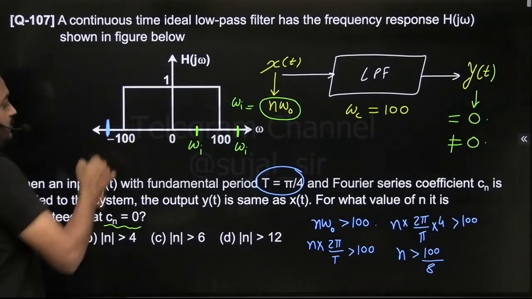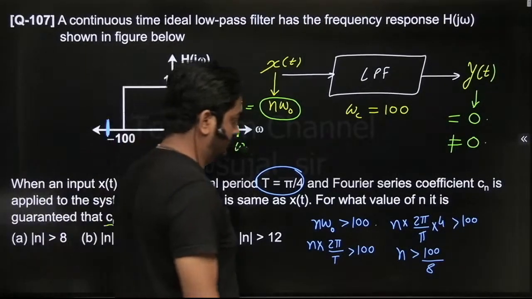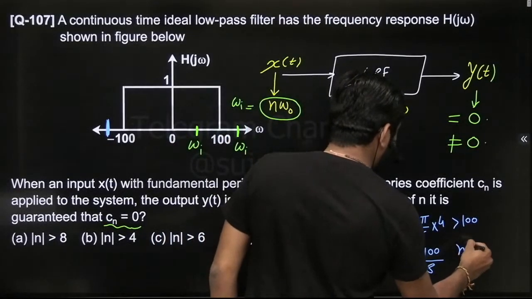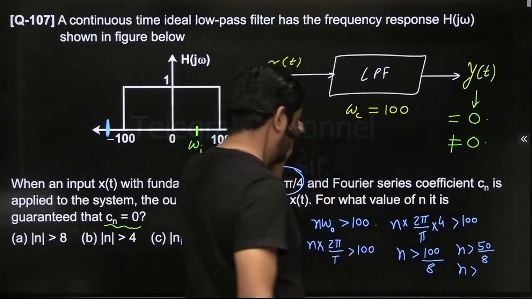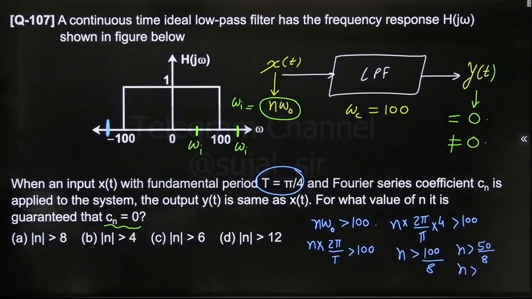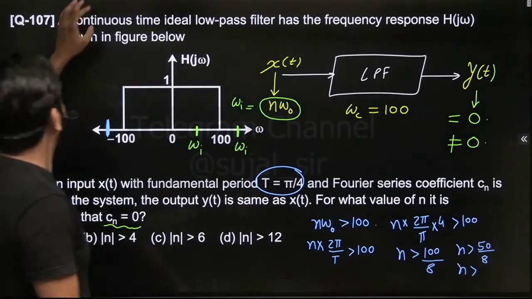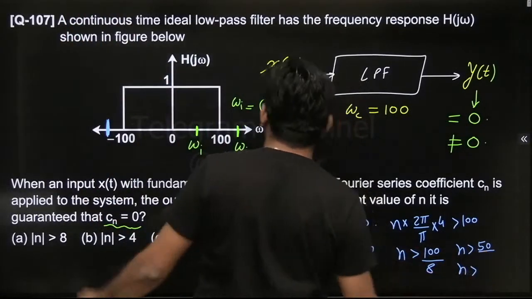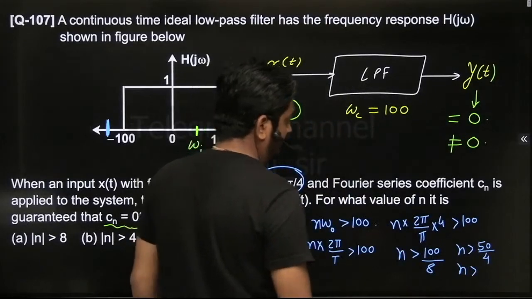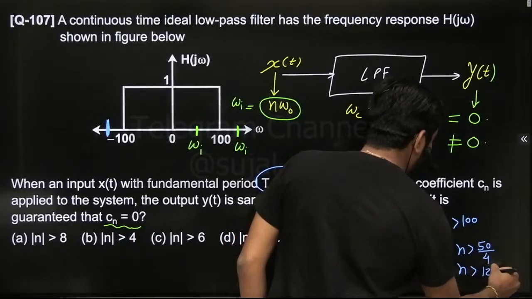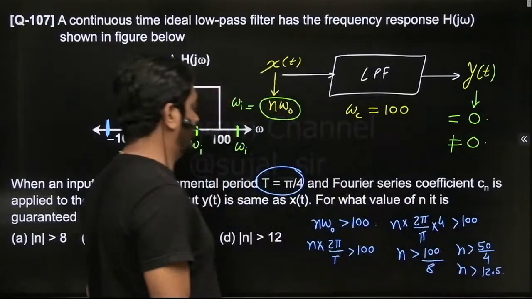So mod n greater than 50 by 4, which is 12.5.